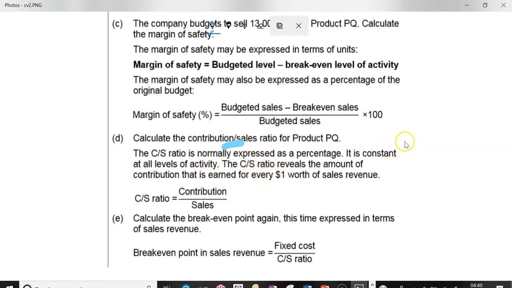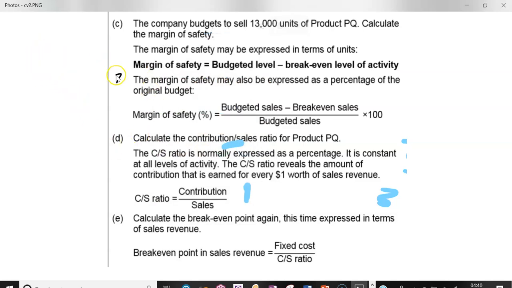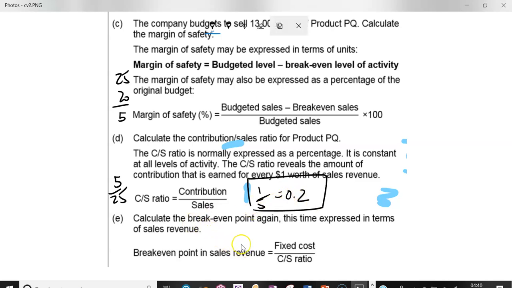You can see they're giving you some kind of formula, and that's contribution over sales, C over S. In this question, if you remember, you had 25 for the revenue, and you had 20, and then you had 5. So the C over S ratio ultimately was 5 over 25, and so this is 1 over 5, which leaves you 0.2. So in this question, the C over S ratio is 0.2. Great stuff, awesome. And I will see you in the next question.